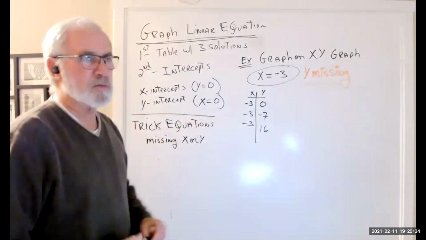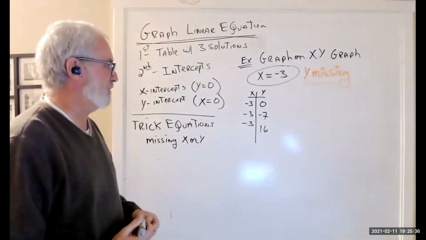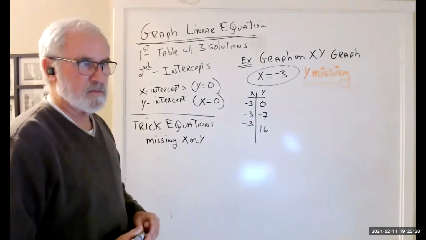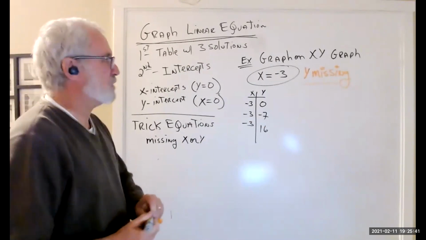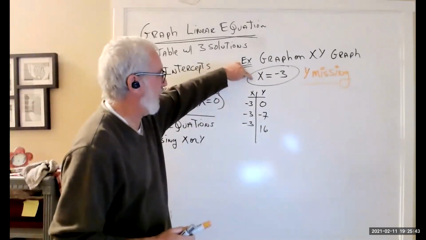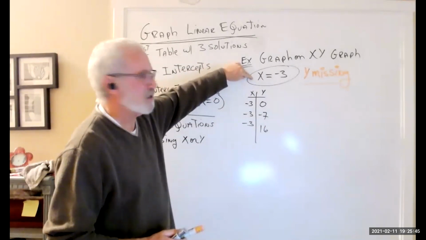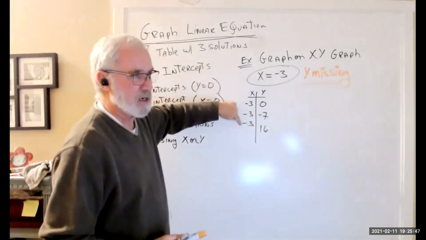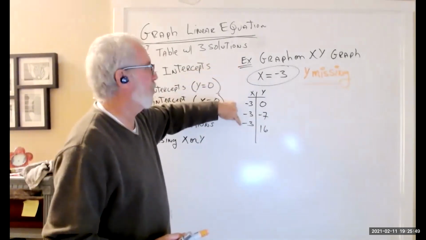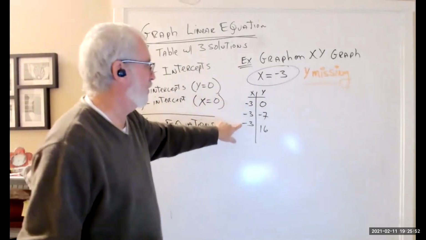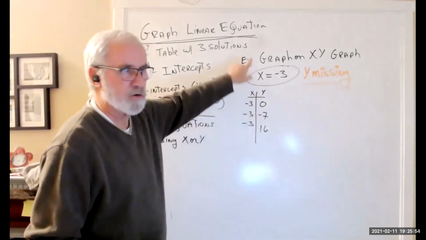Now, I just picked some random weird numbers, 0, -7, and 16. But that's what that's saying. When we want to graph that, X is locked in at -3, and Y is so unimportant that it can be anything you want it to be.